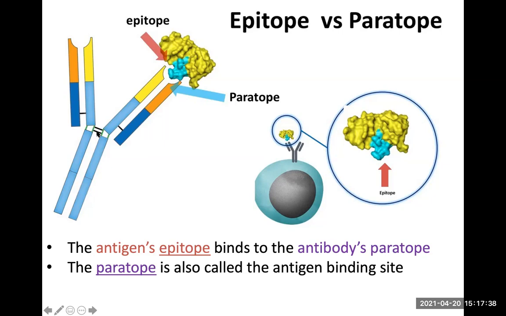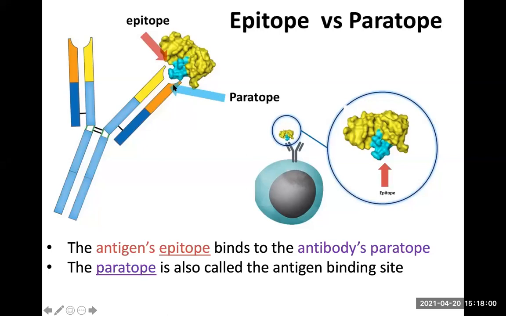And there's two chains. The top part of each chain makes up the variable region. And very specifically, the part of the variable region that does the actual binding to the antigen is called the paratope.